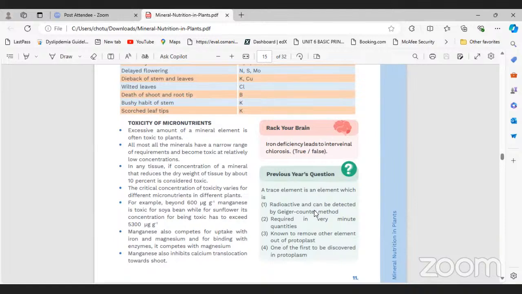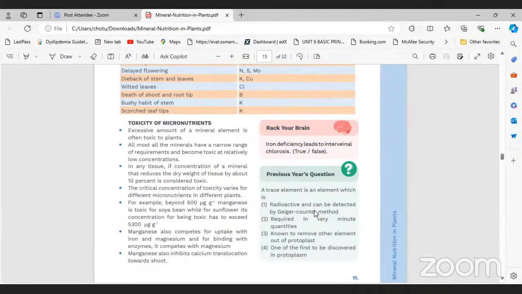The concentration of a mineral that reduces the dry weight of tissue by about 10% is considered toxic. The critical concentration of toxicity varies.